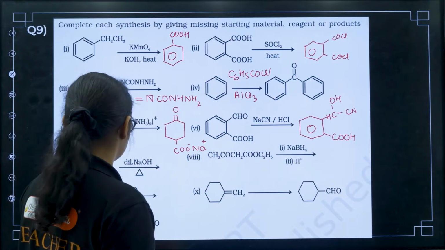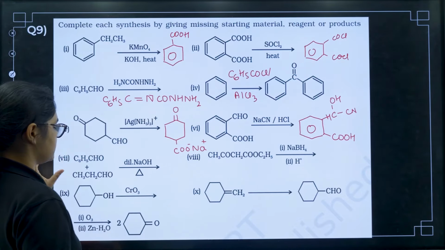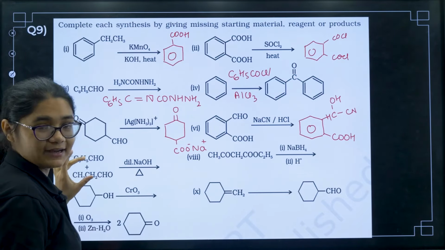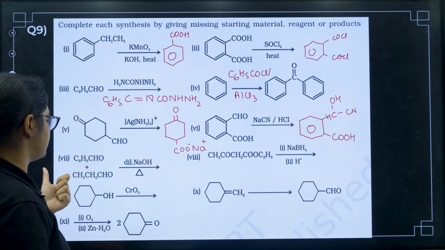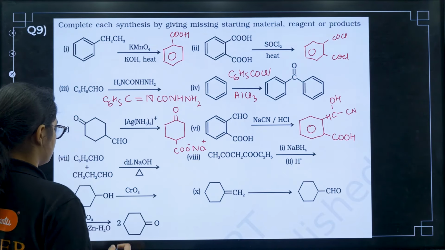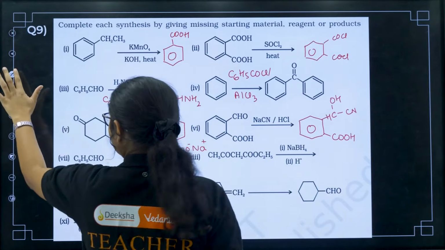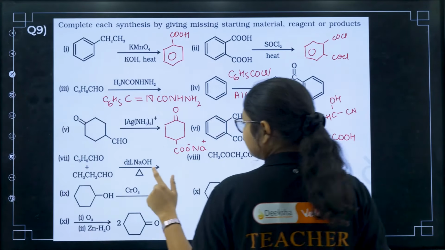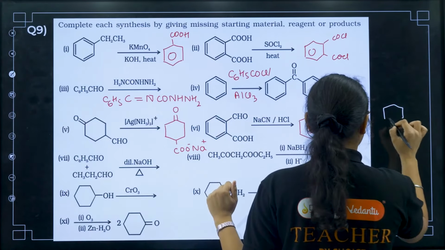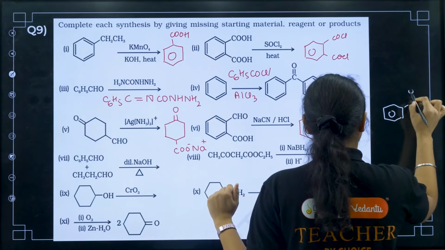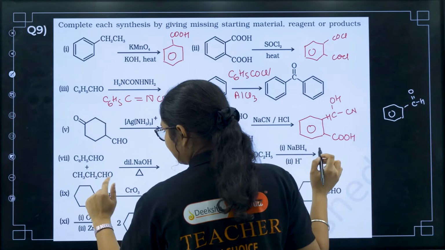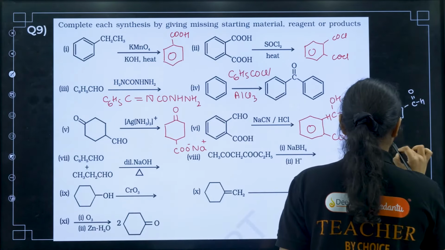Next what we have is dilute NaOH. So this is your aldol condensation reaction. So I can write down the product here. Let me just try this one here. So I have C6H5CHO, okay, and below that I will write CH3CH2CHO.